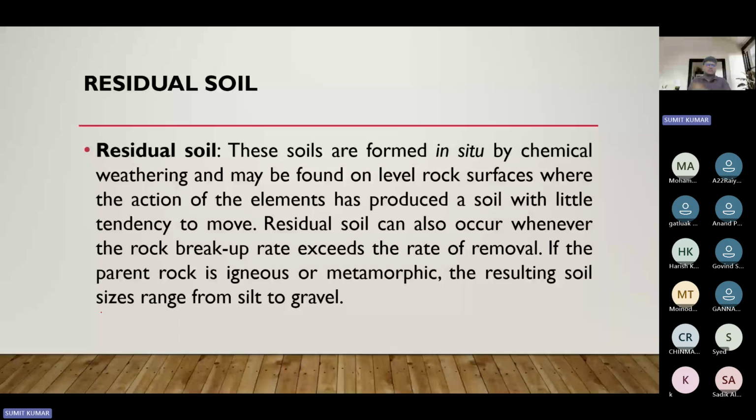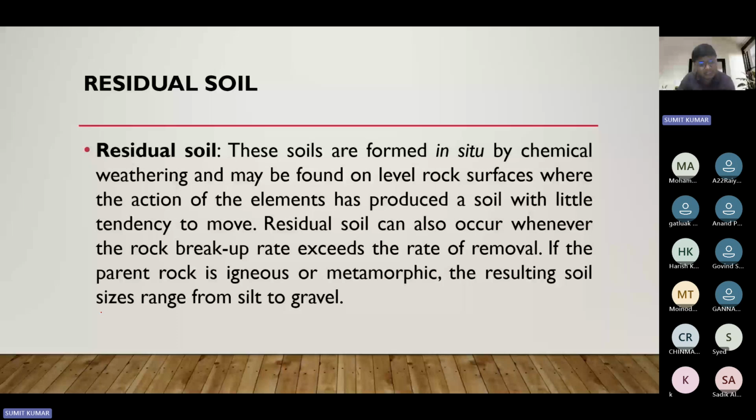Okay, now I will explain it differently. Suppose at a specific place the rock is there, and in that rock some water gets trapped, and during the cold season it freezes, and during the summer season it turns back into water.